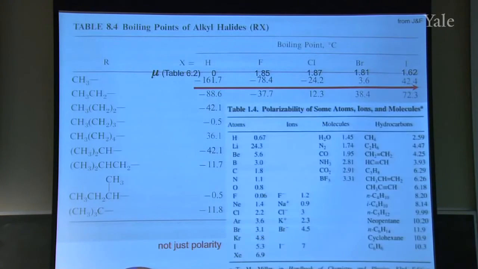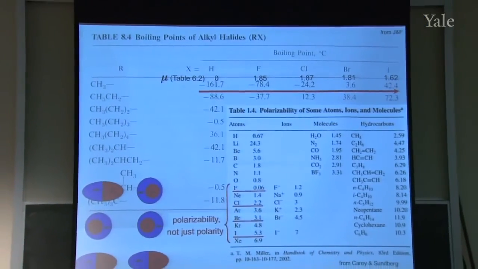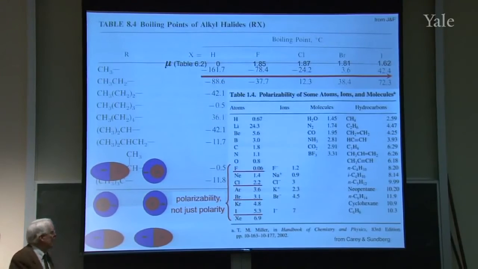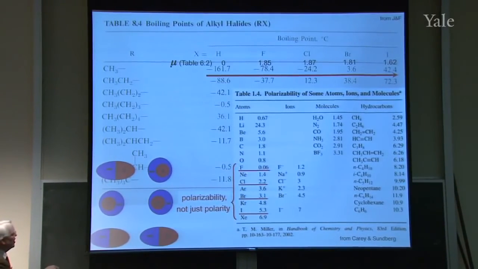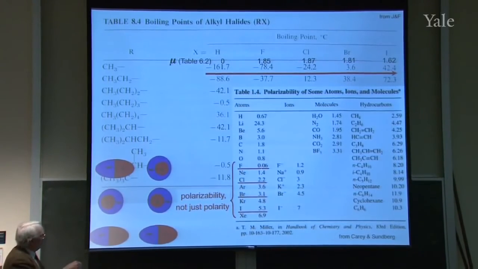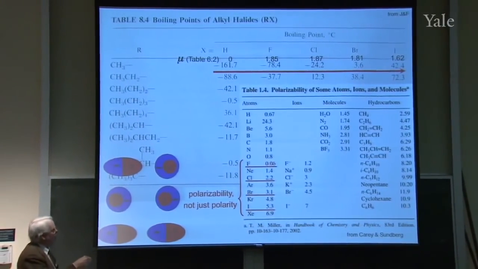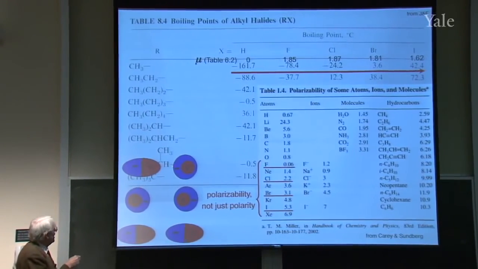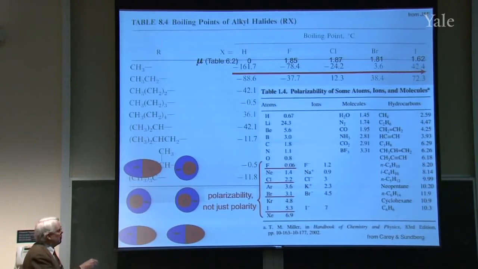And that other thing is polarizability, how easy it is to shift the electrons in the molecule and how many electrons there are to shift. So you see, if you look at fluorine, chlorine, bromine, and iodine atoms, right, fluorine atom is very non-polarizable. When you bring a charge or a dipole near it, it doesn't distort very much.